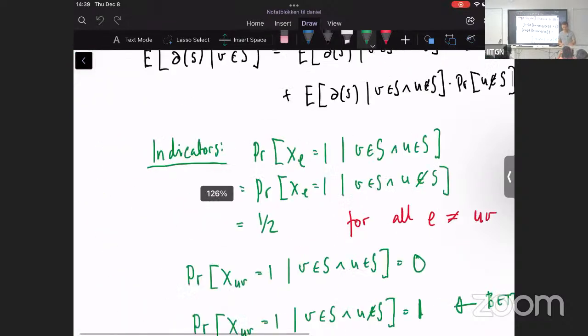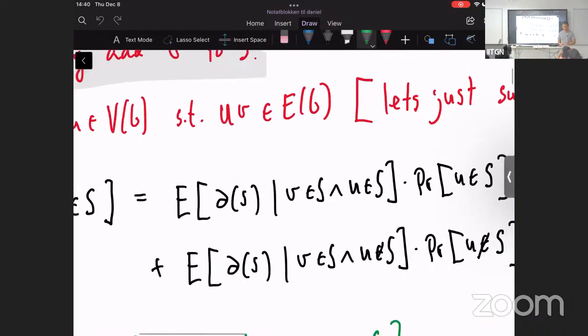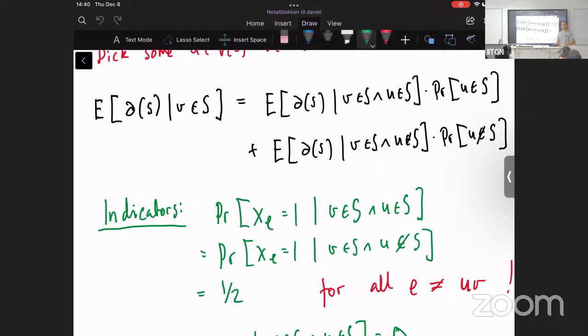Okay. Now let's try to compute, for example, the expected size of the cut given that both V and U are in S. Again, let's do indicators, and again, let's figure out for every edge what's the probability that that edge is cut. Now we're assuming that both U and V are in S. For every edge that is neither incident to U nor V, the probability is still 1/2.